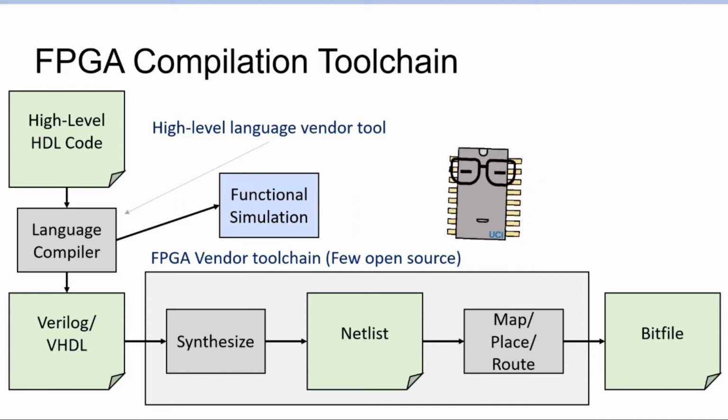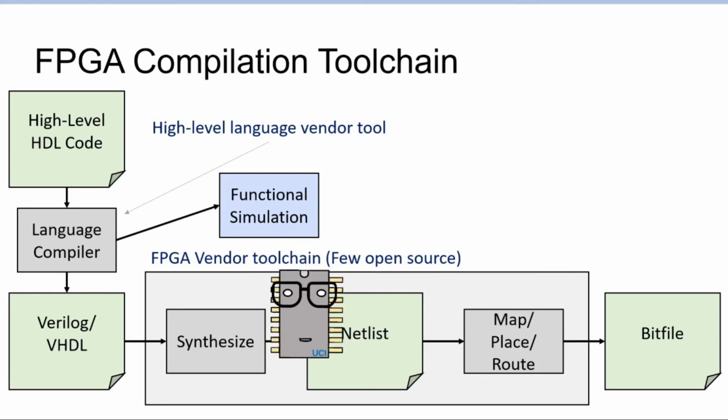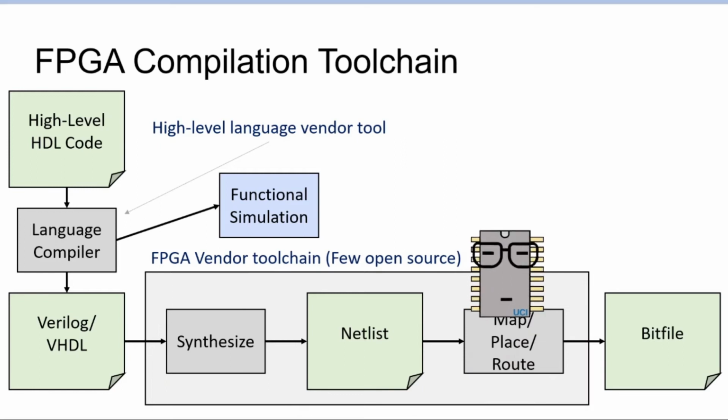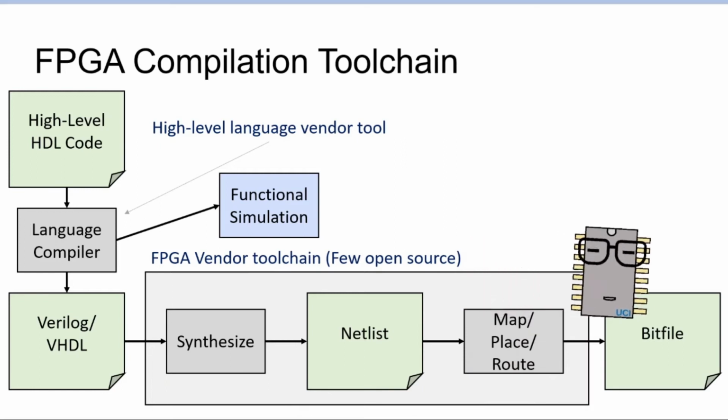If you buy an FPGA from Intel, you'll most likely be using Intel toolchains. The internal details of these toolchains are not important for our purposes right now, but typically you go through a synthesis step, which gives you a netlist, and then you do map, place, and route, etc. You go through the toolchain, and you get back what is called a bit file.